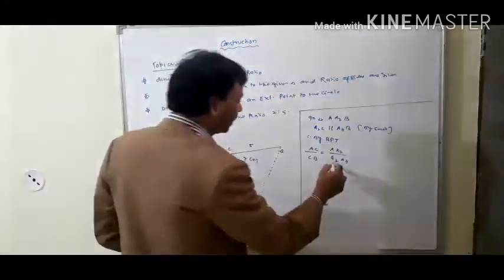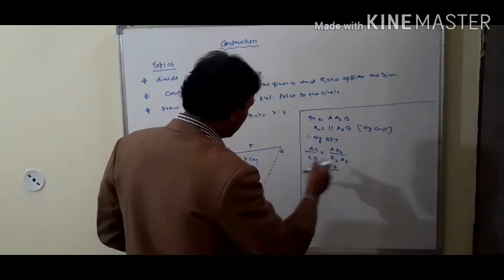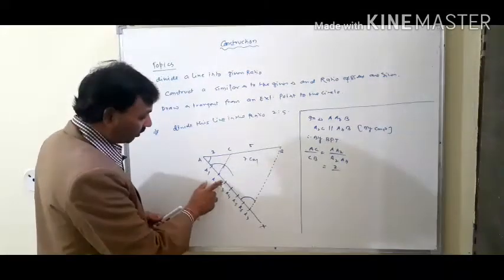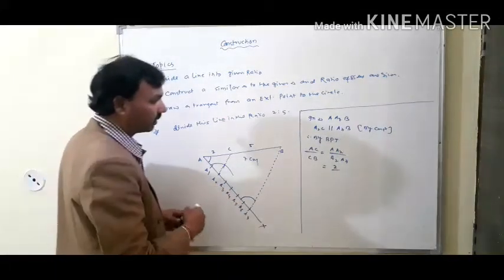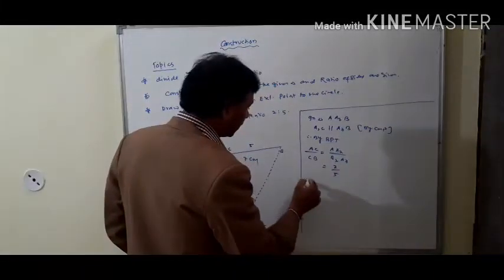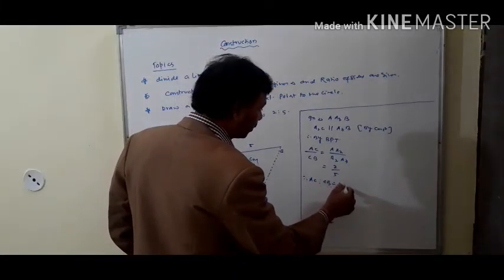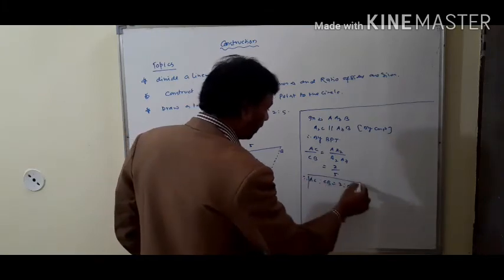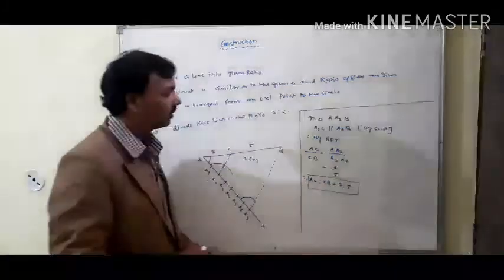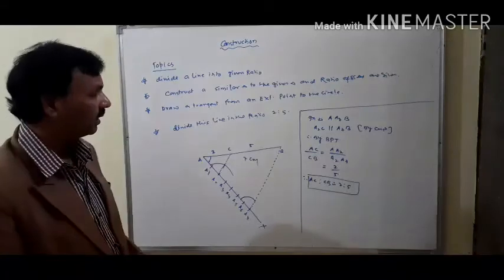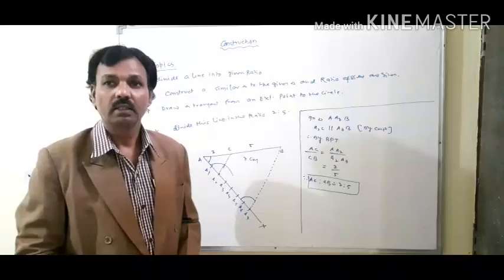That means there is 2. And from A2 to A7, 1, 2, 3, 4, 5. This is 5. Therefore, AC is to CB equal to 2 is to 5. Now, this is the verification of this question. In the next video, we will take the next topic.